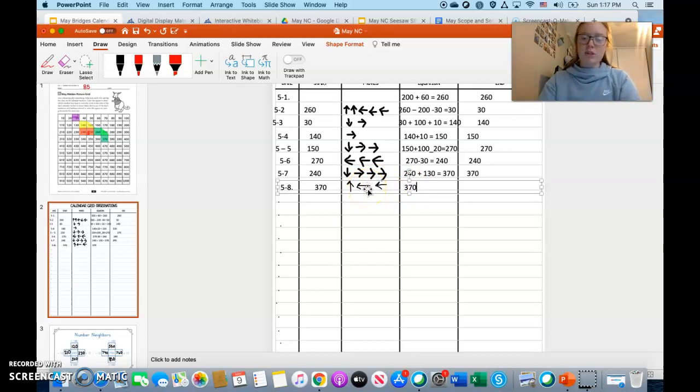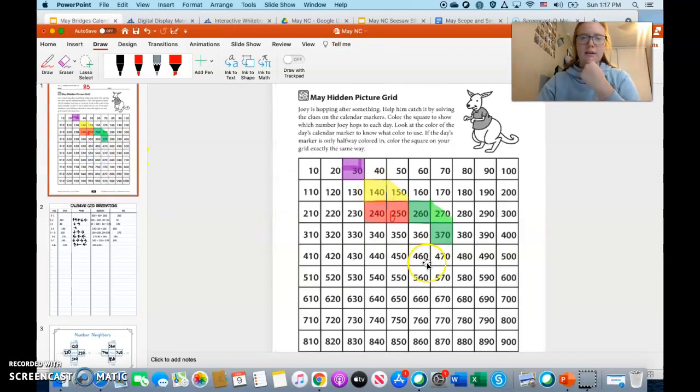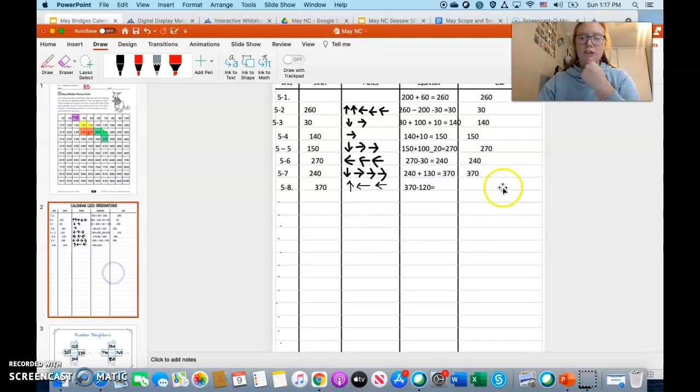So we subtracted a total of 120. And what number did we land on? You're right, we landed on 250. So I'm going to put in 250. Then I will also put 250 here for where we ended. So that is Saturday, May 8th.